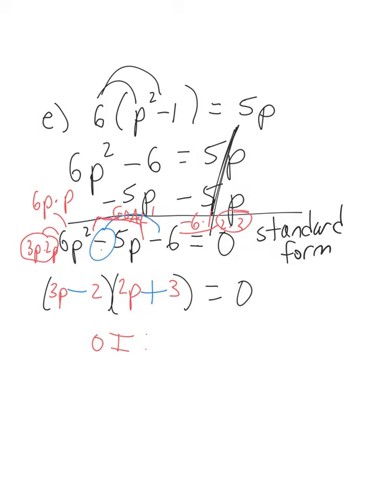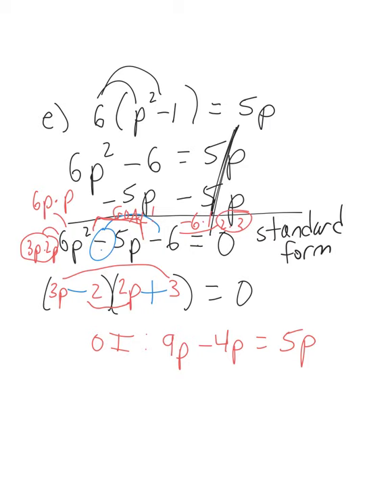So outer terms, 3p times 3 is 9p. Inner terms, negative 2 times 2p is negative 4p. 9p minus 4p is positive 5p. So I have the right number, 5. Yay! Just the wrong sign. I wanted a negative 5p.